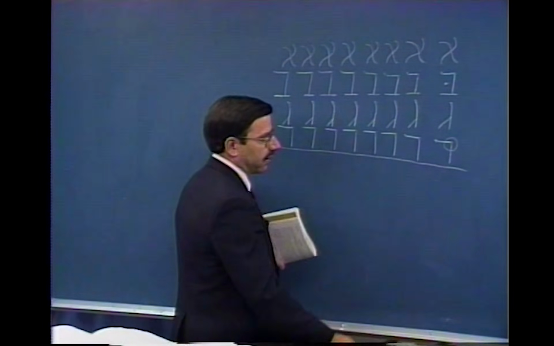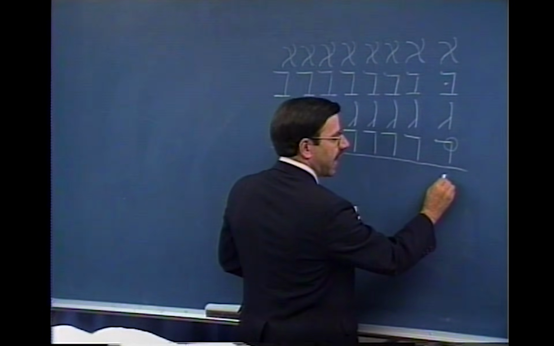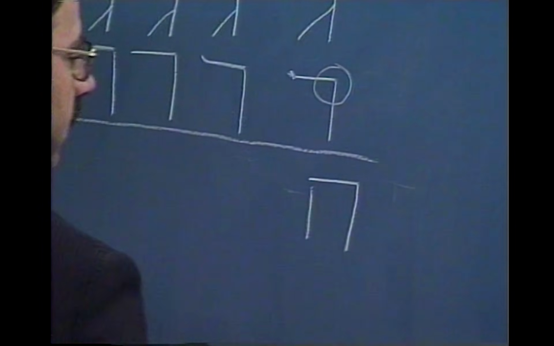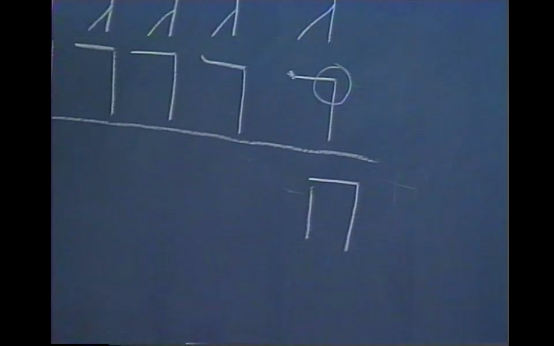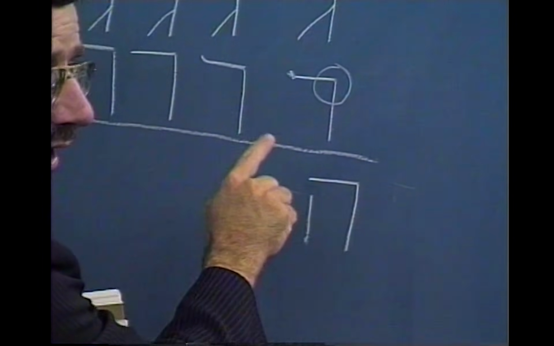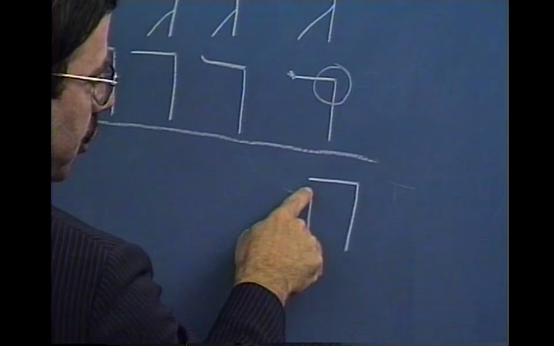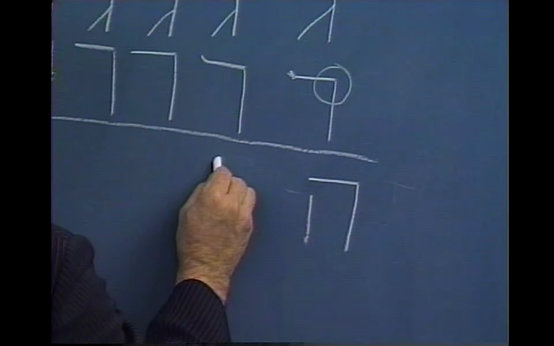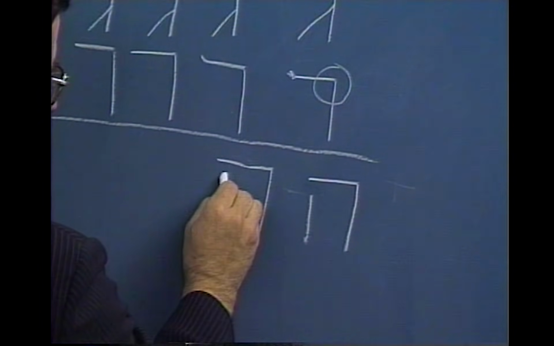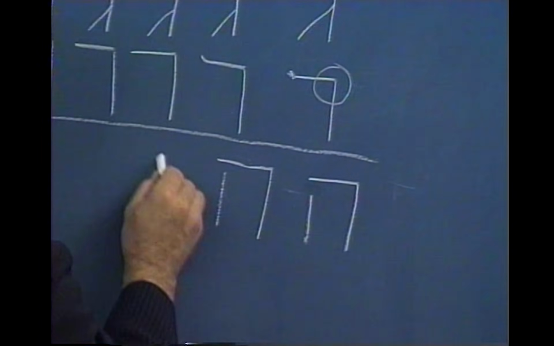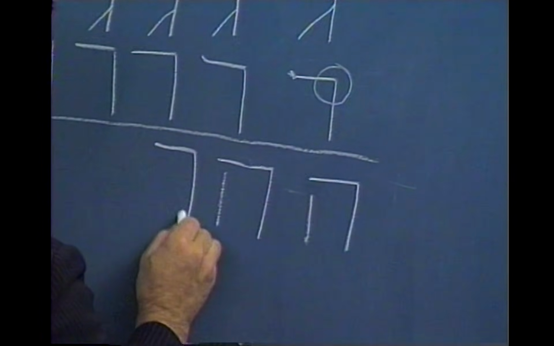All right, the next letter is what's called Hey. You've already learned that. That's what that looks like. Now, remember that the Hey does not connect. Make absolutely sure you do not let this line connect with the top. Okay, square that off. Hey, so we're making it exactly like we made the Dalet, only we're adding an additional line.